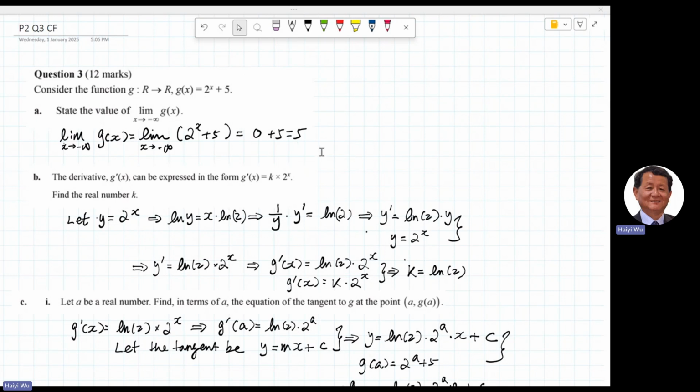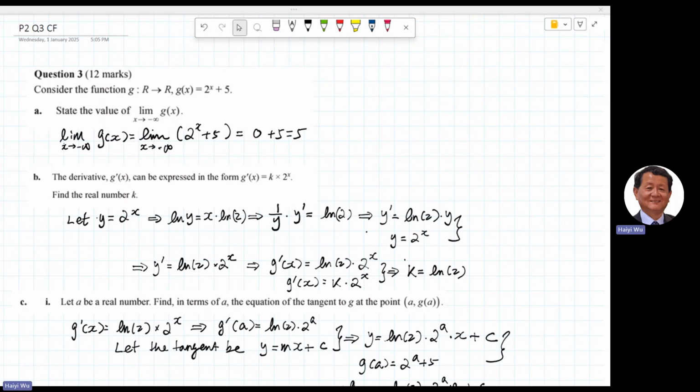Okay, let's do the first question. We have a function g(x) is 2 to the power of x plus 5. What is the limit of g(x) when x approaches negative infinity?